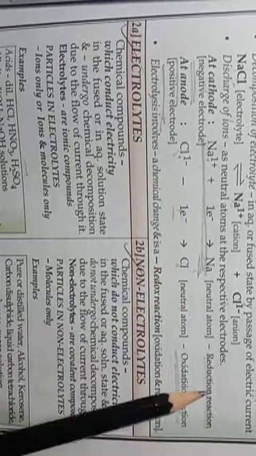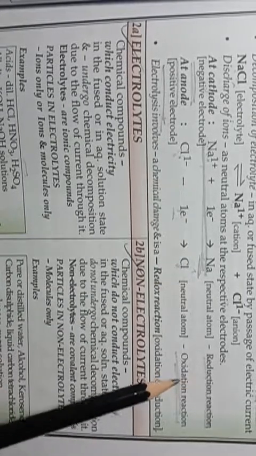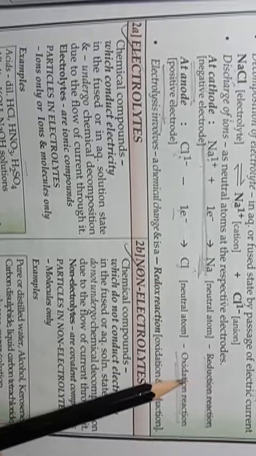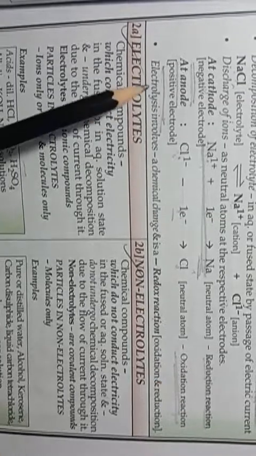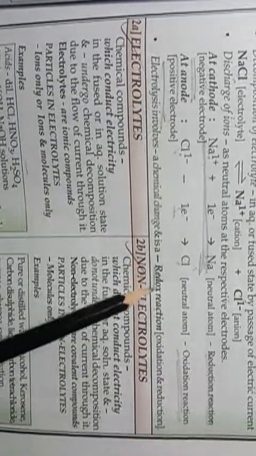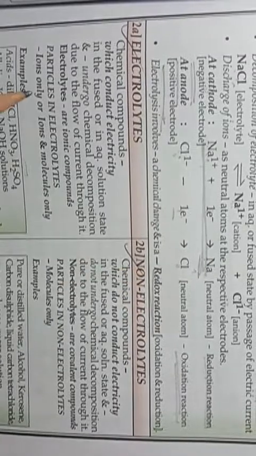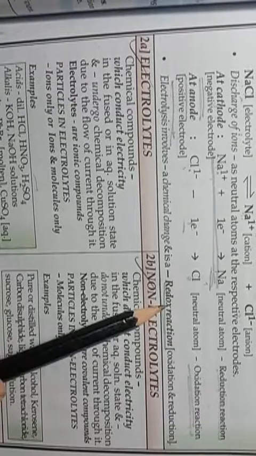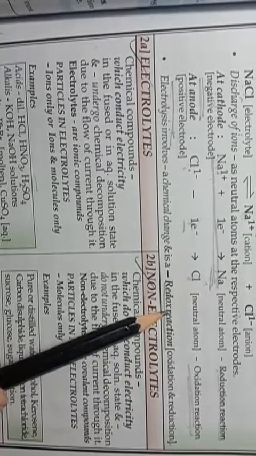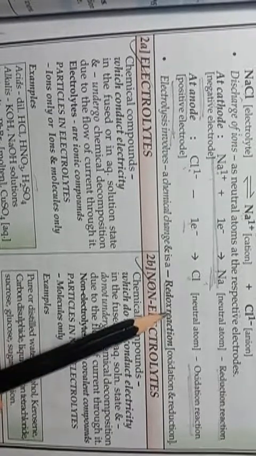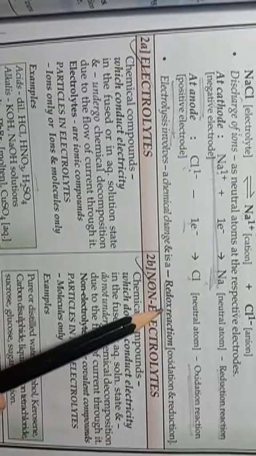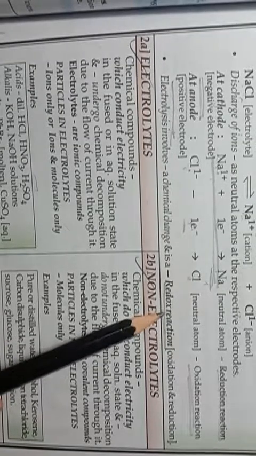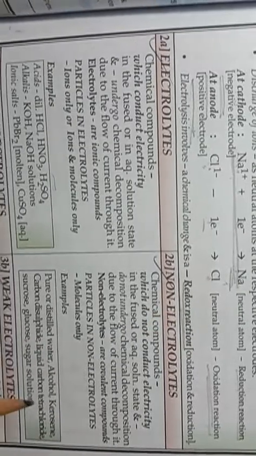So both reduction and oxidation reactions take place simultaneously. That is why electrolysis is a type of redox reaction. Such reactions in which both oxidation and reduction take place simultaneously are known as redox reactions. So electrolysis is an example of a redox reaction.